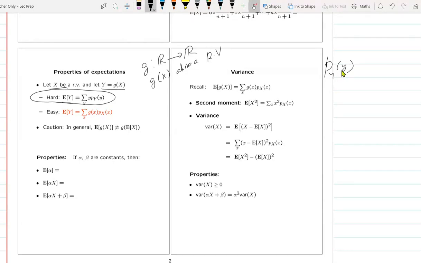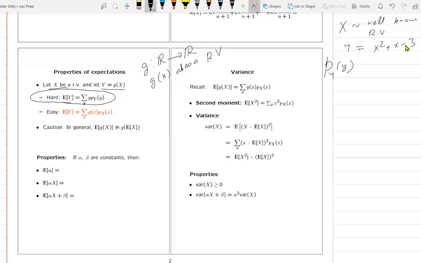So maybe we know x is some well-known probability distribution. X is a well-known random variable. Let's say it is some geometric or binomial or something like that. So we know everything about x. We know how to work with x. Now let's say y is something like x squared plus x minus 3.